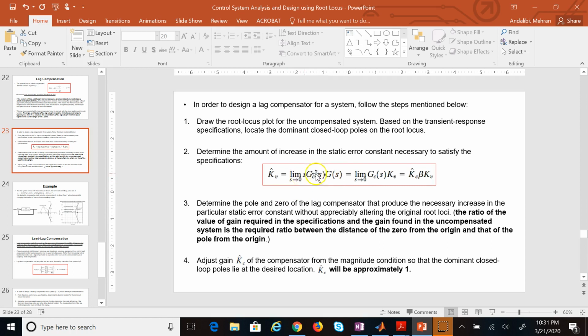Gc times G, because Gc is in series with G. So what is it that is forming the behavior of the system in response in steady state? That's Kv, right? We want bigger Kv to have a smaller steady state error. And Kv is determined by the limit of this function as s goes to where? Yes, 0. And 0 means the origin.